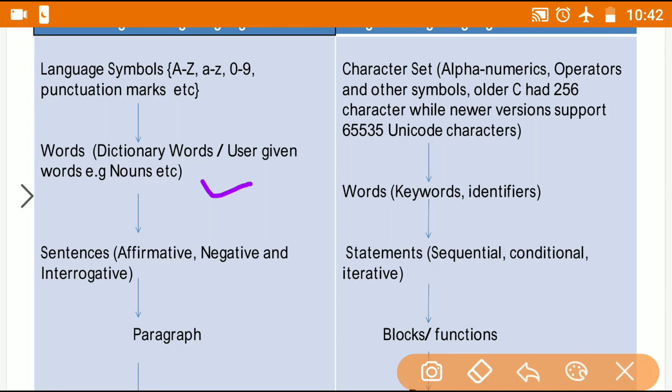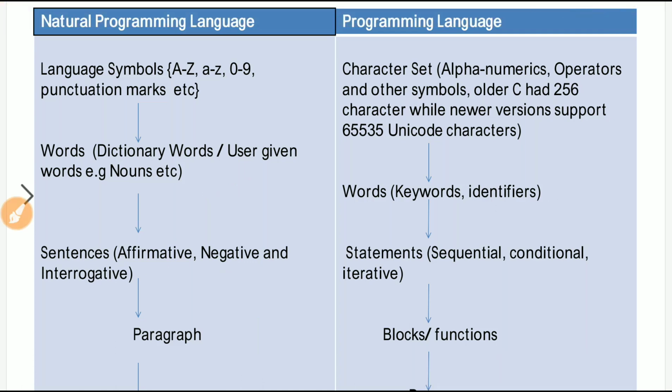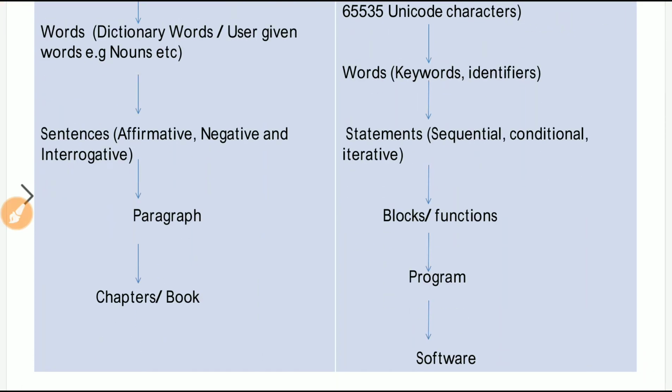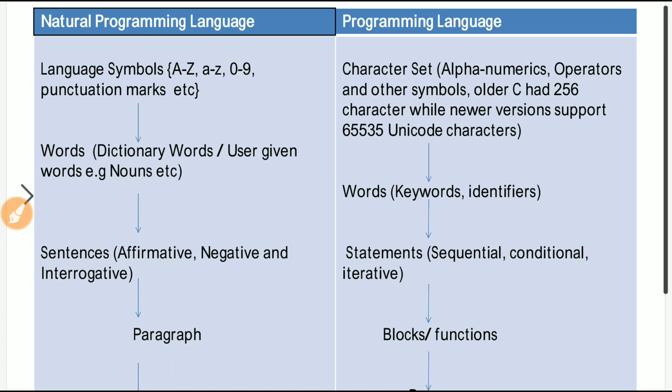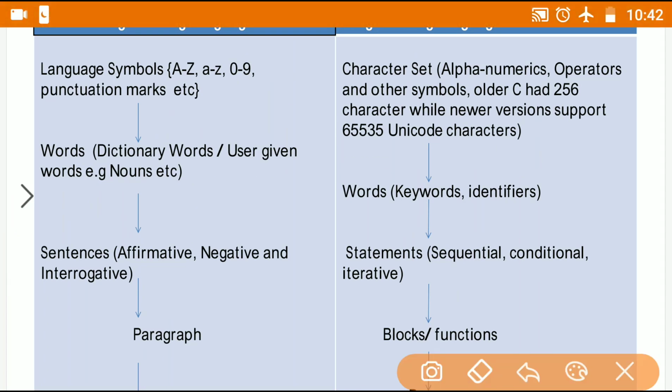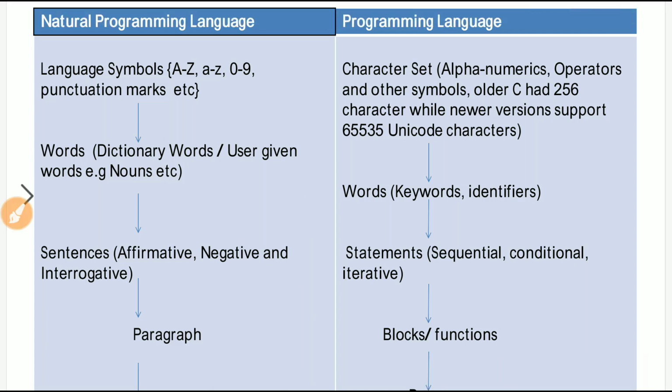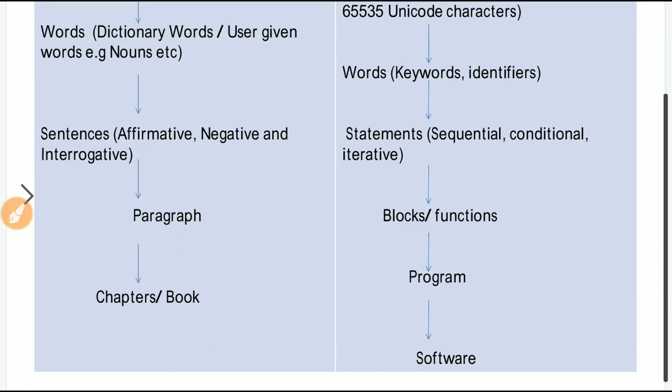Even in English, there are three types of sentences: affirmative, negative, and interrogative. After learning sentences, you can learn paragraphs, and once you start writing paragraphs, then you can write chapters or even books. So this is how your learning of a natural language evolves. You start with letters and then you move up to chapters and books.